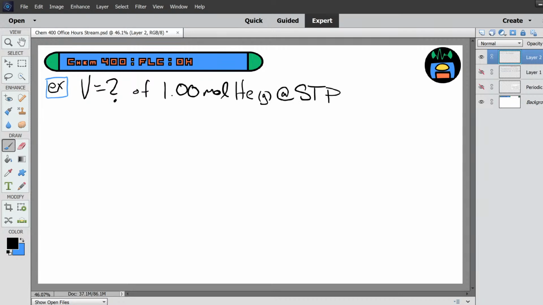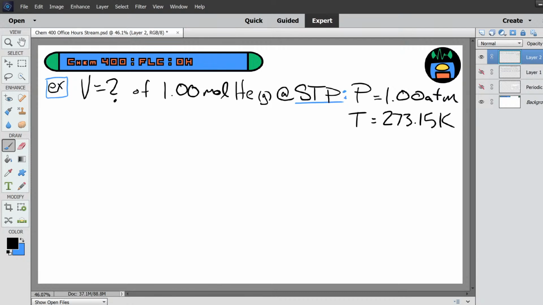All right, and STP, we learned, is standard temperature and pressure, which is a pressure of 1.00 atmospheres and a temperature of 273.15 Kelvin.